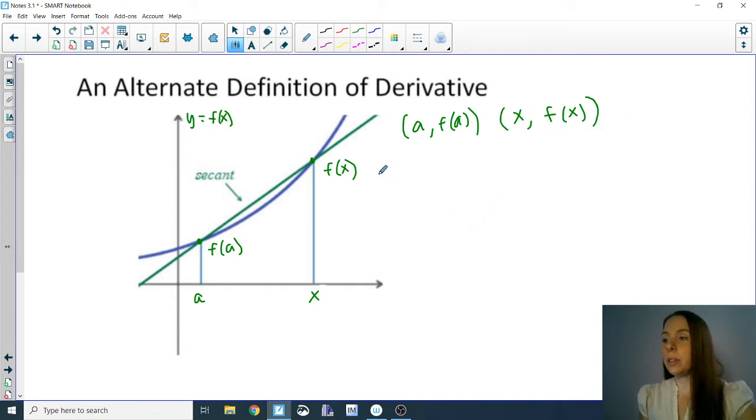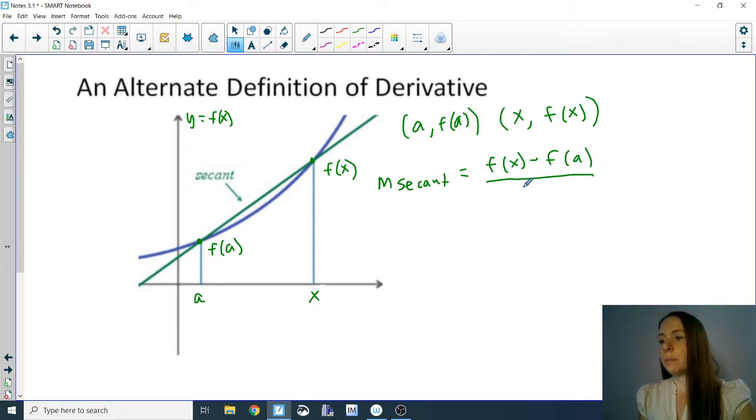And now I'm going to write the slope of the secant line between those 2 points. And that would be f of x minus f of a, right? That's y2 minus y1 over x minus a. Right, so again, that's just writing the slope formula given 2 points.